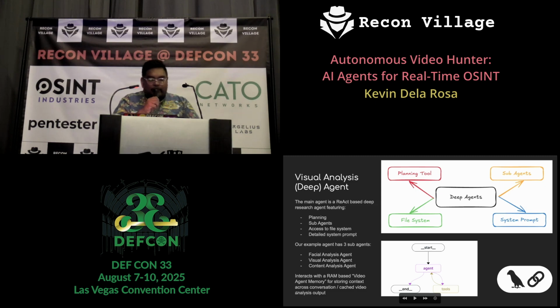Then we have sub-agents or sub-tools that can be used within the processing of this larger orchestration. You have access to a file system or memory to write things as you encounter them and fetch them later. And then a system prompt, or basically instructions that you're giving the AI on, hey, I want you to do this specific task.